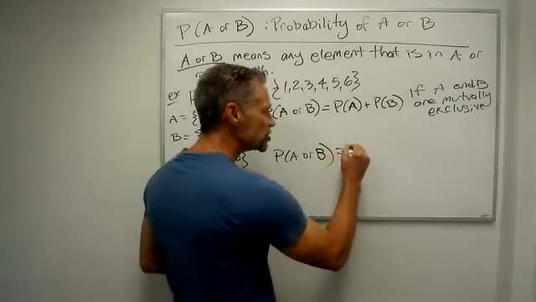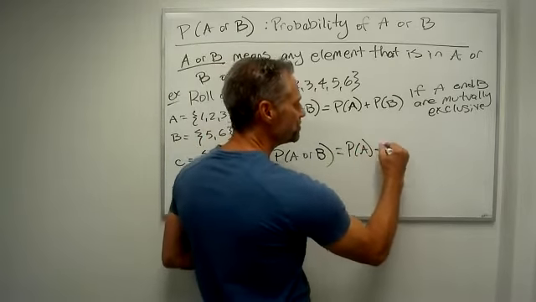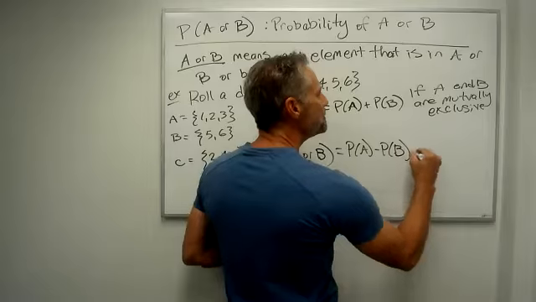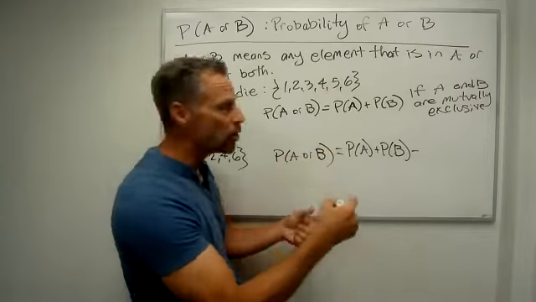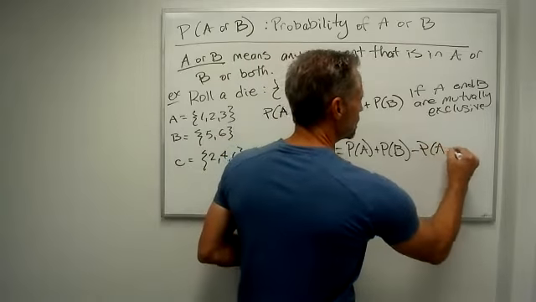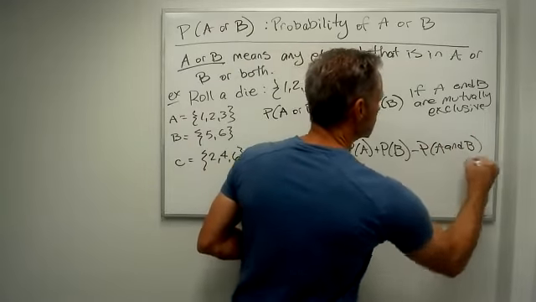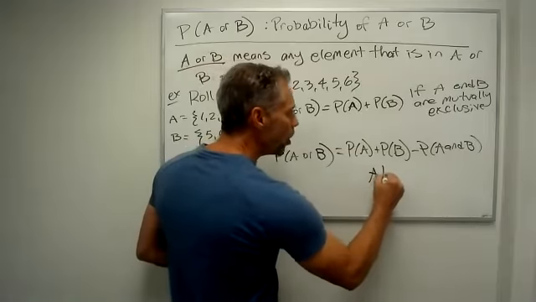The probability of A or B in general is the probability of A plus the probability of B. But then you have to subtract away the probability of A and B, any overlap. And this one always works.